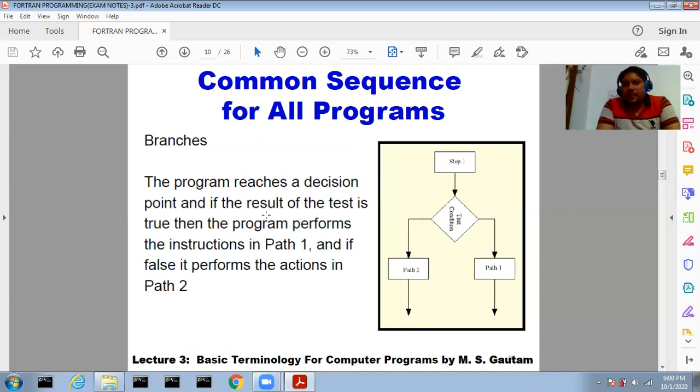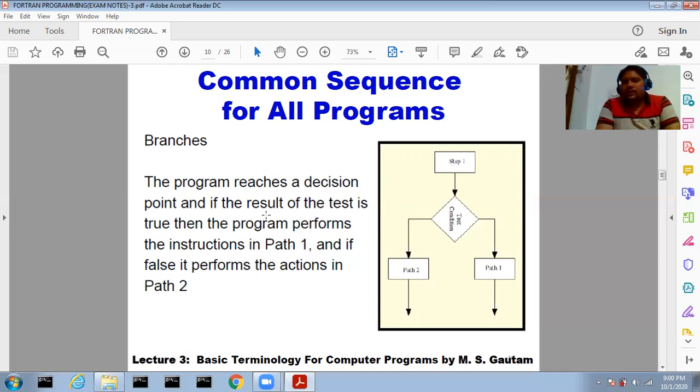Second part of program is branches. Branches are generally used whenever there is some condition. The condition may be true or false, and in that situation, the computer program will follow either path 1 or path 2 depending upon the test conditions.